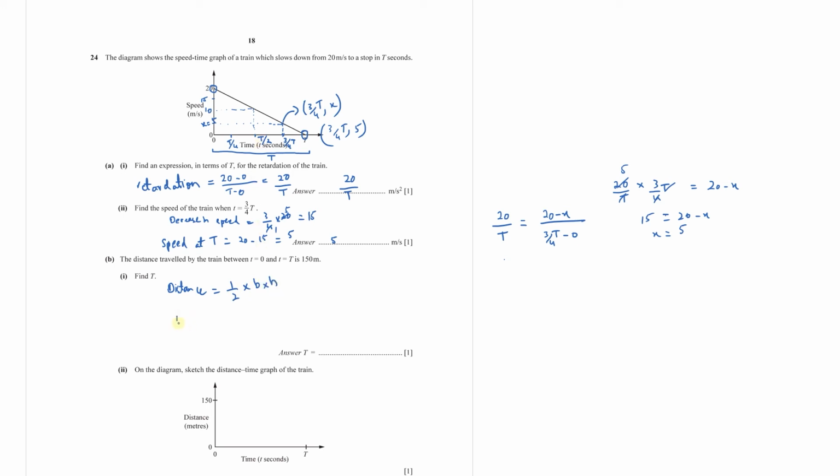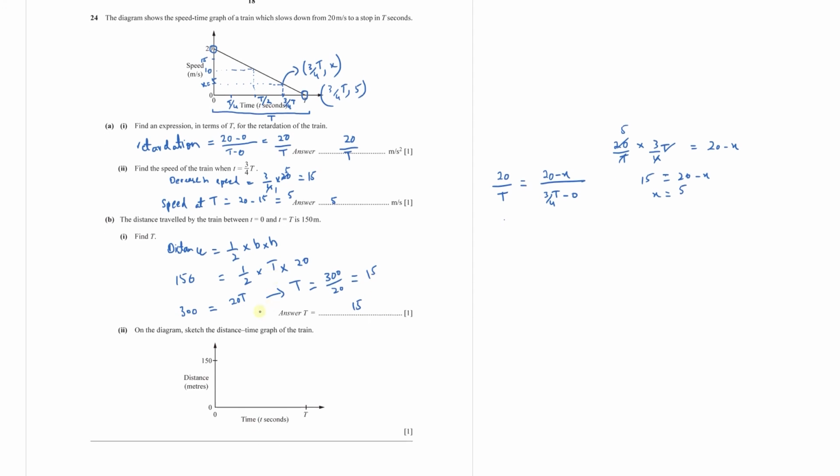So distance is given by 150 here, which is given. 1/2 × base is T, capital T, and then height is 20. So this equals 300 = 20T, and then this gives you T equals 300/20, which is 15. So your value of T is 15.